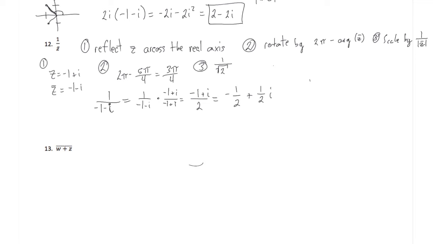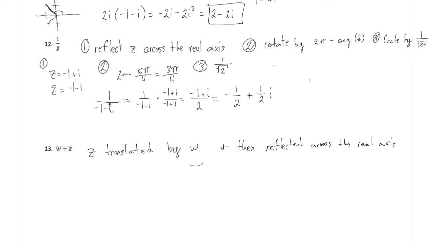This is just going to be z translated by w, and then reflected across the x-axis, or the real axis.